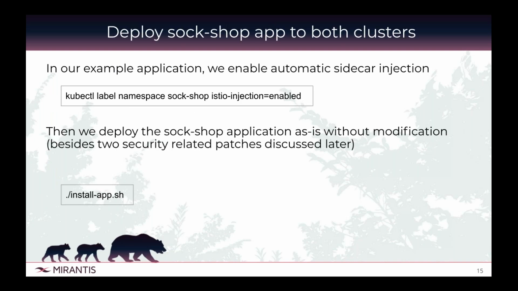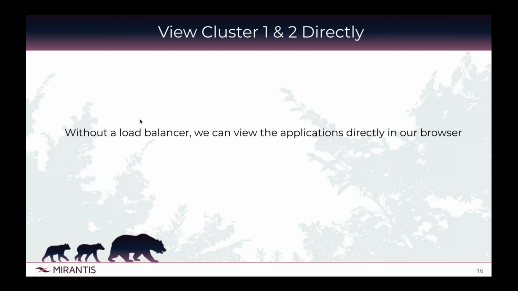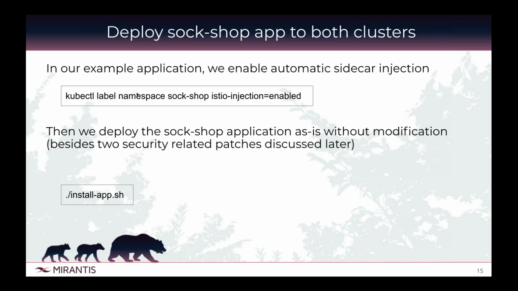So just to give a background on how this application was set up, we basically took the SockShop reference application and we enabled Istio in our namespace. So you can see here that we enabled the Istio injection flag for that namespace. We create the SockShop namespace in Kubernetes, we label that namespace to add the Istio injection flag and we enable it.